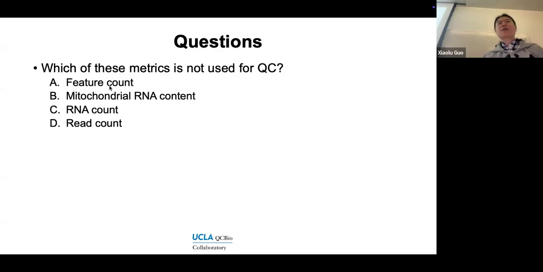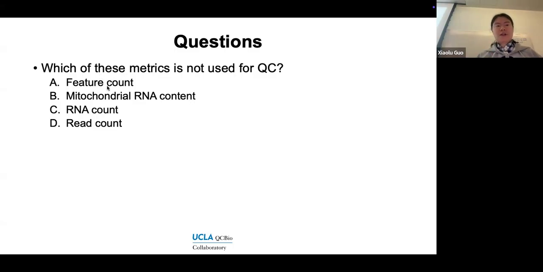We can imagine if 0 genes are expressed, like no gene is expressed in a single cell, that's probably an empty droplet, which means when we prepared the sample, that droplet didn't capture any cell, or it can be some technical error. That's a dropout. So yes, feature count can be used for quality control.